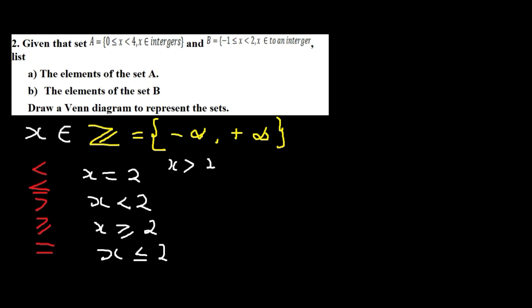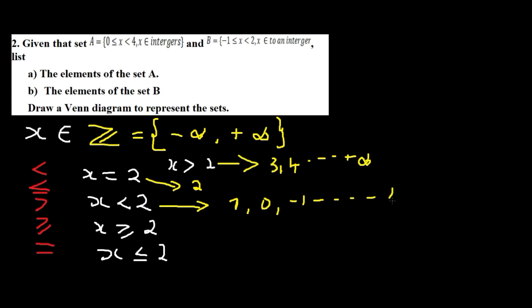In the first case, let's assume this to be the first case, there are infinitely many solutions starting from 3, going to 4, right up to plus infinity under the set of integers. For the equal to case, there is just one solution, which is 2. For this other inequality, there are infinitely many solutions under the set of integers, and the solution starts from 1, 0, minus 1, up to minus infinity.